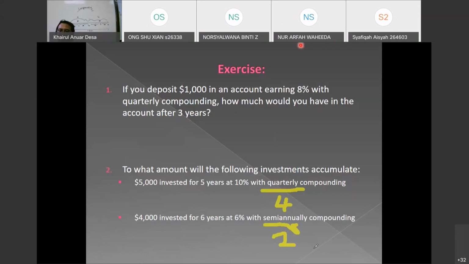Okay, Nisa. Sir, saya nak tanya. Untuk soalan 2A tu, yang 5 tahun punya, saya dapat 8193.08. Pandai lah tu. Dia 08 yang belakang, sebab kalau yang Suwei punya jawapan 03.